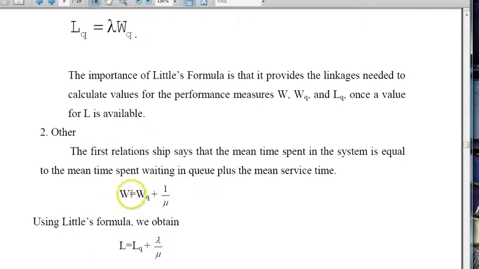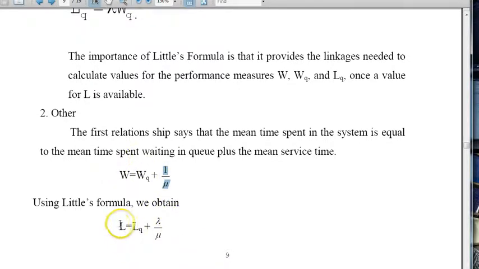There are other relationships. One of those is this: W, the waiting time in the system, is equal to the waiting time in the queue plus the service time, of course on average, as means. So the mean waiting time in the system is the mean waiting time in the queue plus the mean service time. From this and Little's formula, we also said the mean number of customers in the system is equal to the mean number of customers in the queue plus lambda over mu.